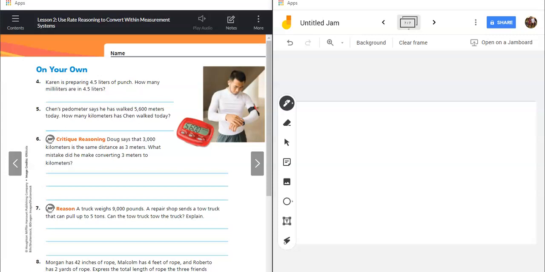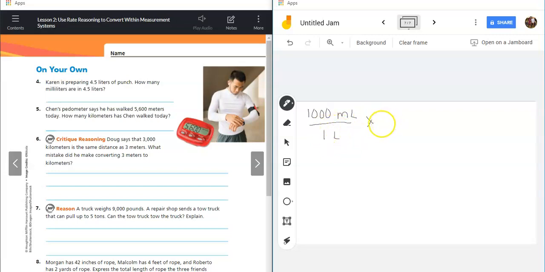So number 4, Karen is preparing 4.5 liters of punch. How many milliliters are in 4.5 liters? So if I look on my conversion chart, and I can find that on page 186, I will see that there are 1,000 milliliters in 1 liter.